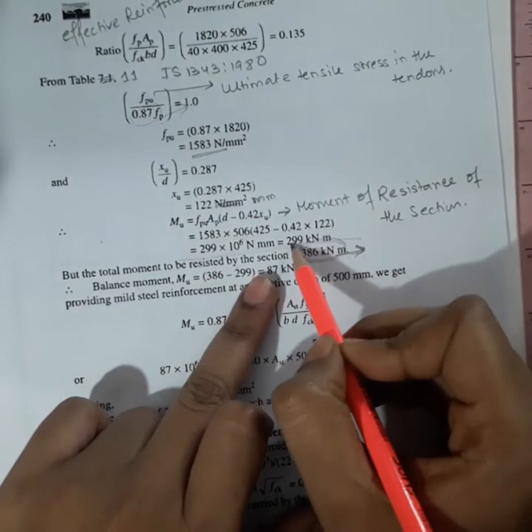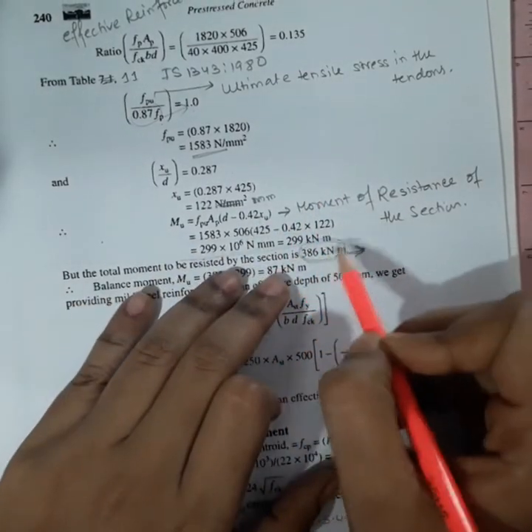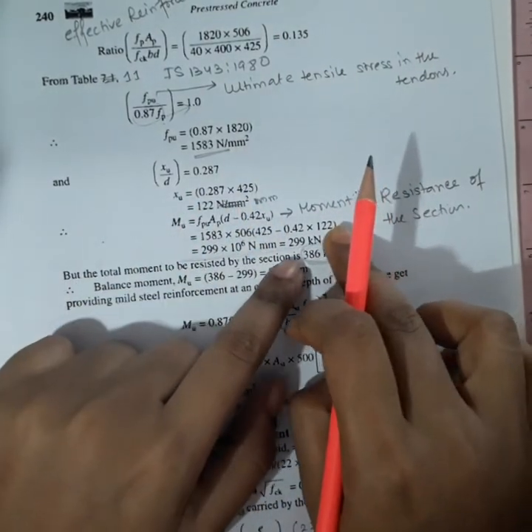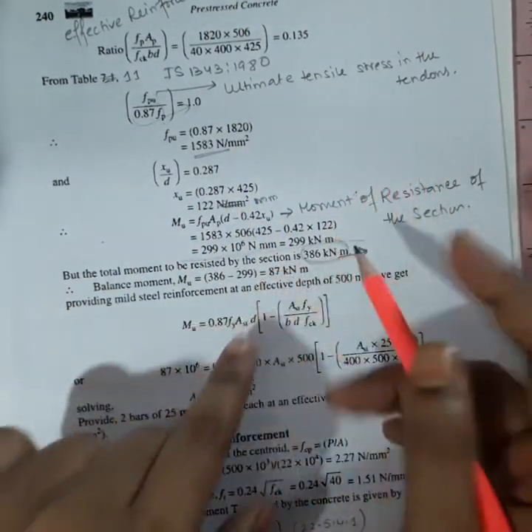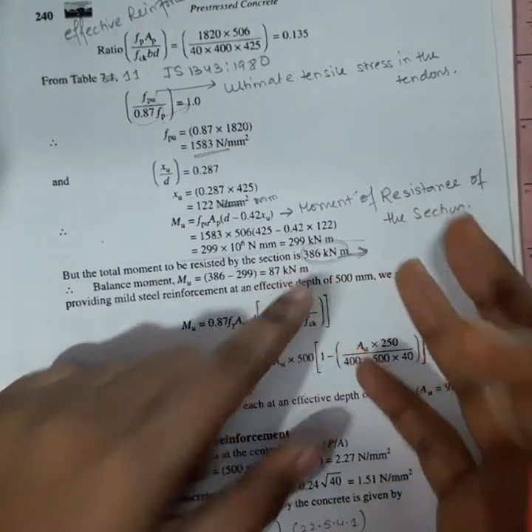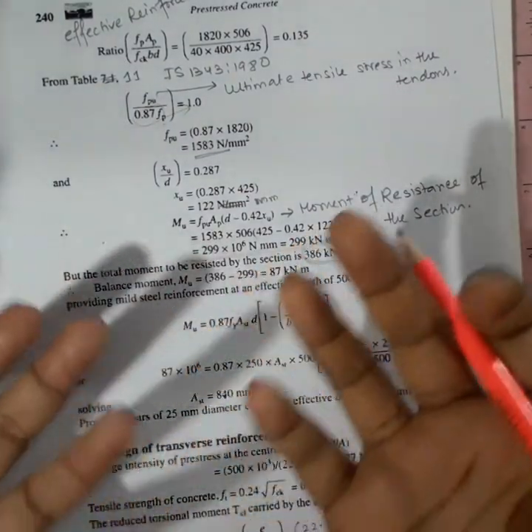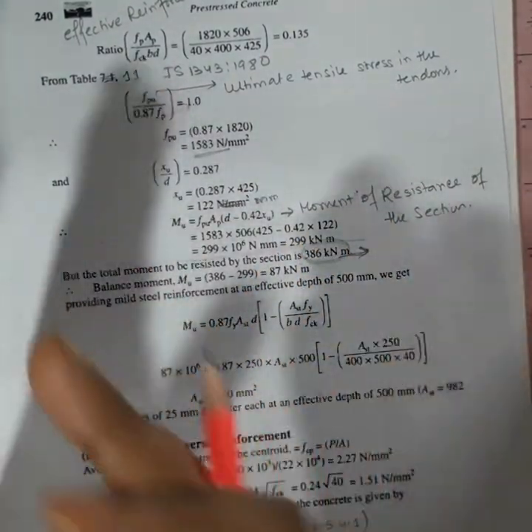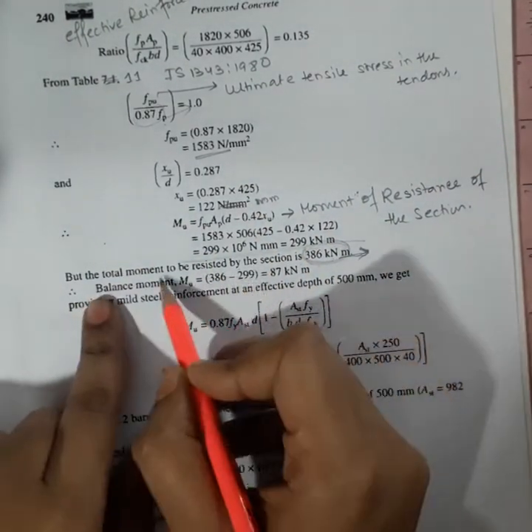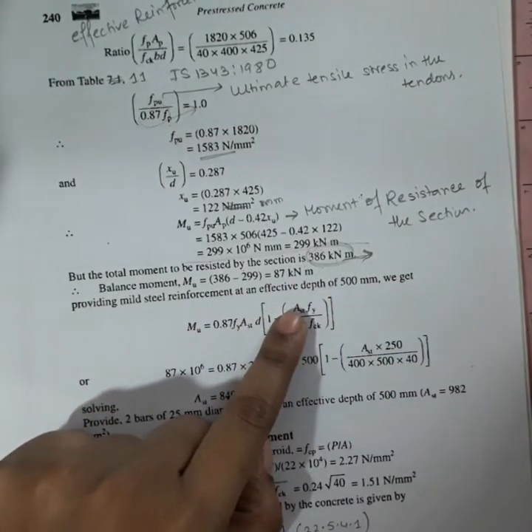So this 299 kilonewton meter is only the moment resistance of the section without incorporating the torsional effect. But we have to consider this because this moment incorporates the moment resistance of the section plus the torsional effect coming onto the section. So the balancing moment will be 87 kilonewton meter.